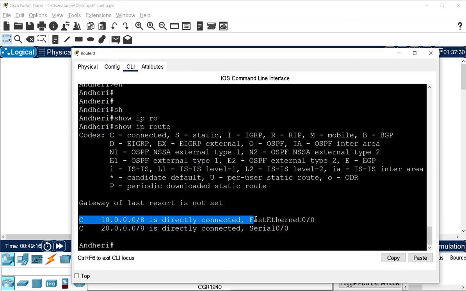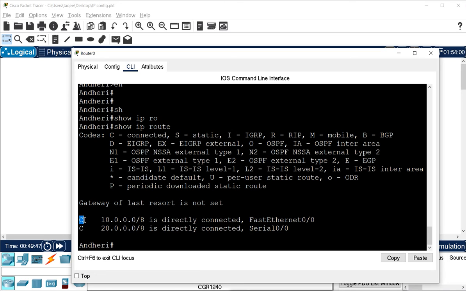First, network 10, which is directly connected to FastEthernet 0/0, so this router knows about this network. The second is network 20, directly connected to Serial 0/0 of this router.